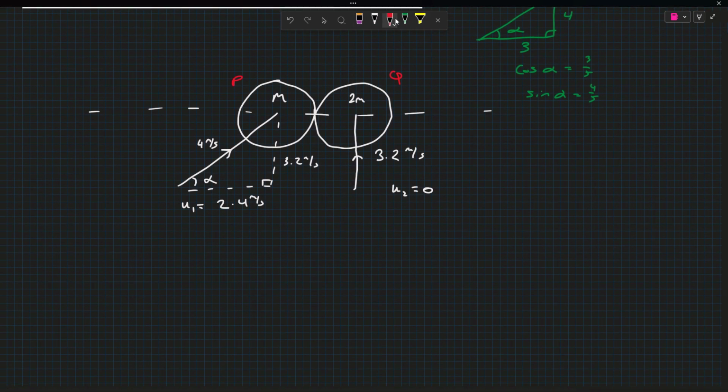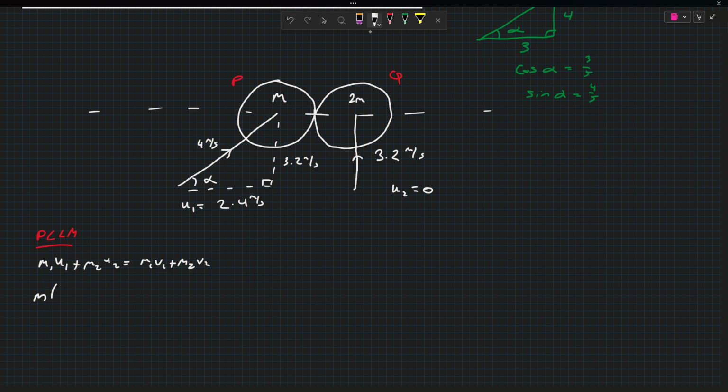Now we have to do some simultaneous equations work. We're going to start with the principle of conservation of linear momentum. It's always a good idea to write down all your formulae. We're going to consider P as 1 and Q as 2.